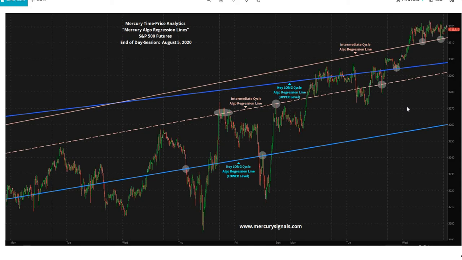Now, how did we trade that? We traded it the same way we're trading it now. We're selling every rip. Now, you have to quickly take incremental profits, and you have to keep your stops on a tight leash. You have to get risk out of the trade as quick as possible. But we're trading it the same way we did back then. And there were 2 weeks, maybe 3 weeks there, where we booked over 300 handles 1 week, over 500.